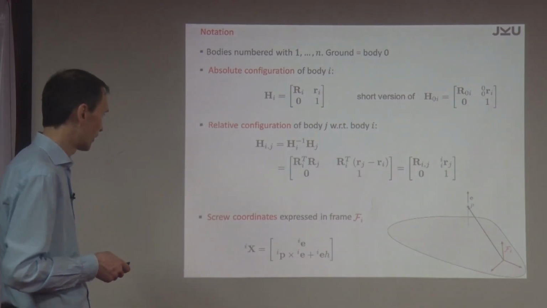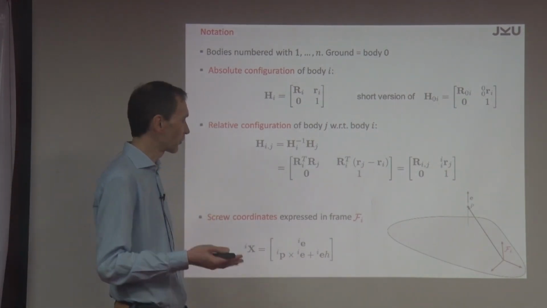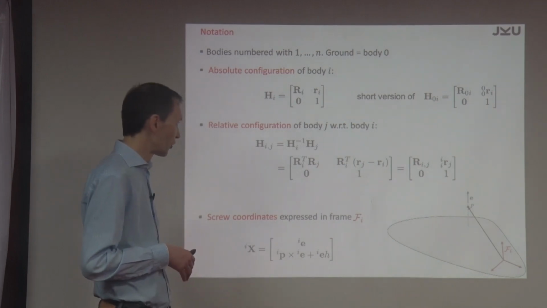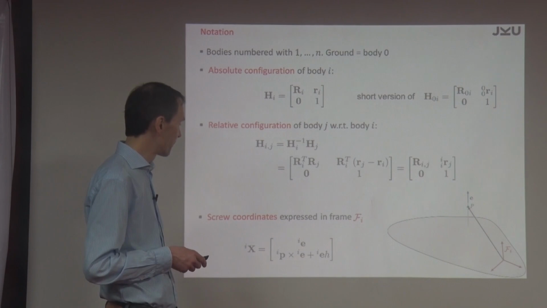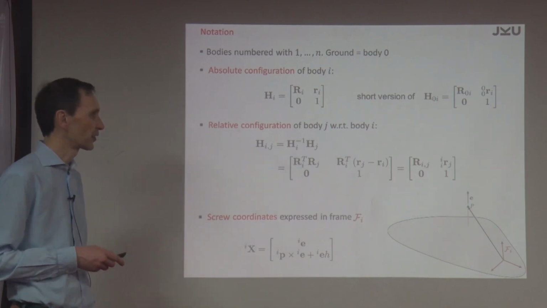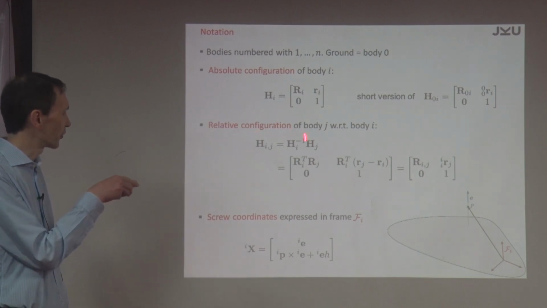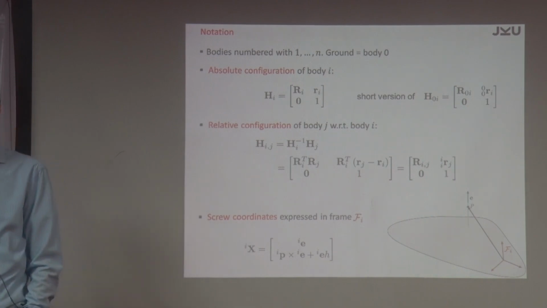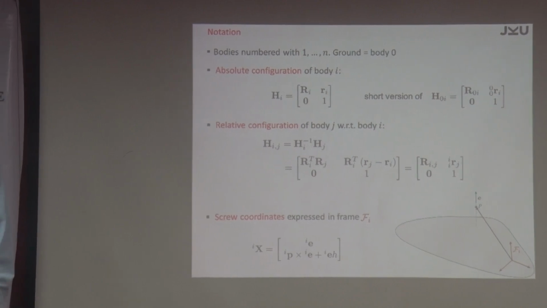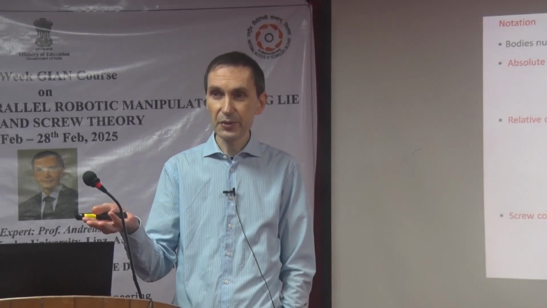So the important question now is, again, what is the exponential mapping? How can we use it? Of course there is a screw coordinate vector that represents this relative motion, because yesterday we had Euler's theorem, or rather the Chasles-Mozzi theorem, that says any rigid body motion is a screw motion, right?